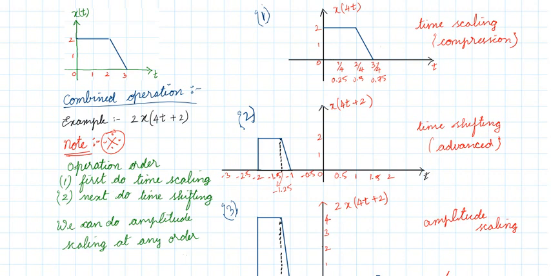Just a moment, I think we made a mistake here. It will be like 0.75 minus 2, 1.25. Okay, yes, there's some mistake. I will correct it.